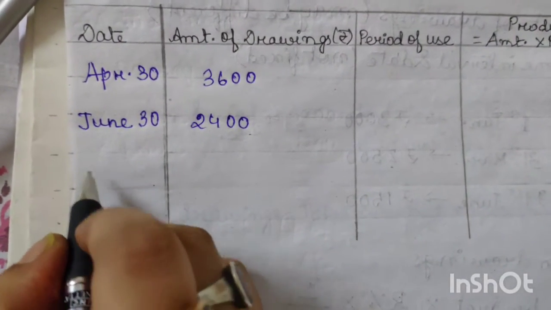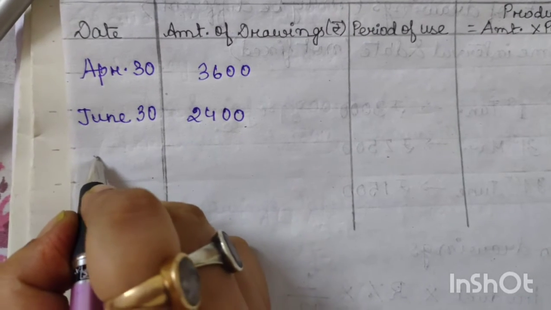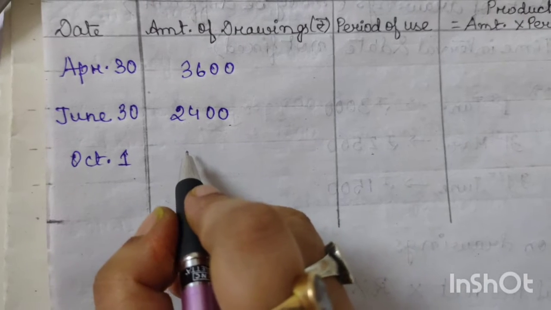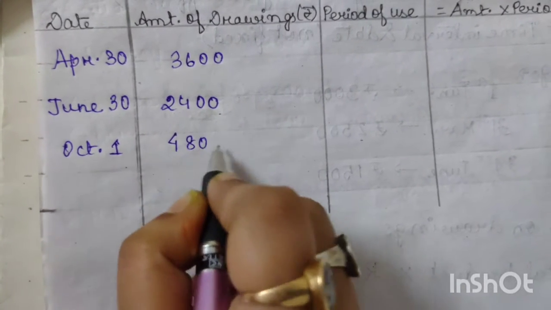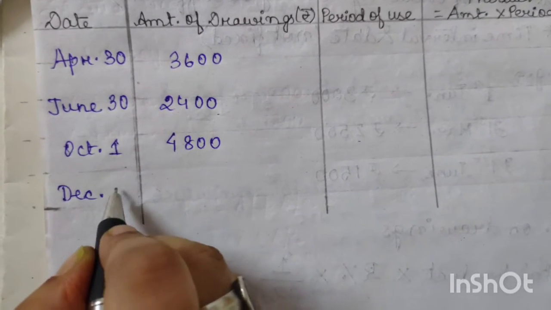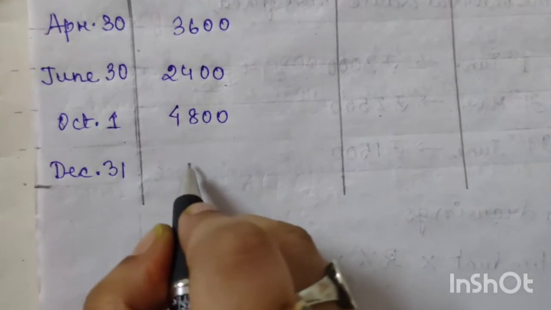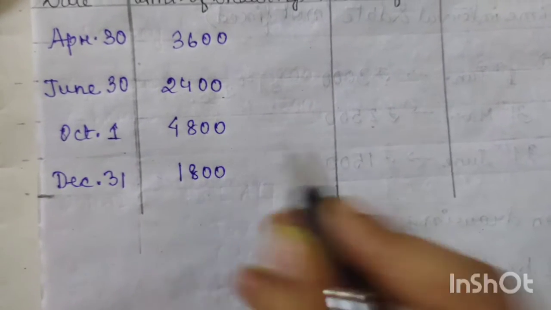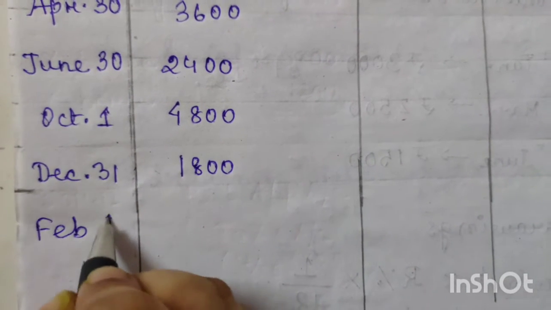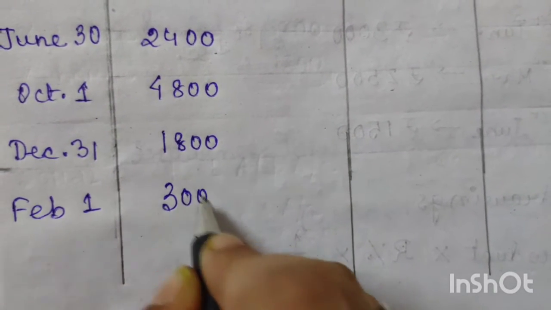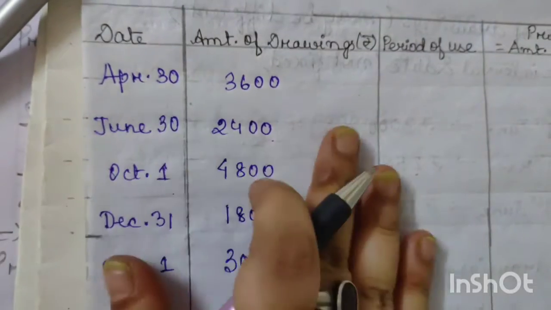Now the third withdrawal was made on October 1 and the amount was 4800. Then again December 31st and the amount was 1800. Then on February 1 and the amount was 3000. Now amount and dates are recorded.